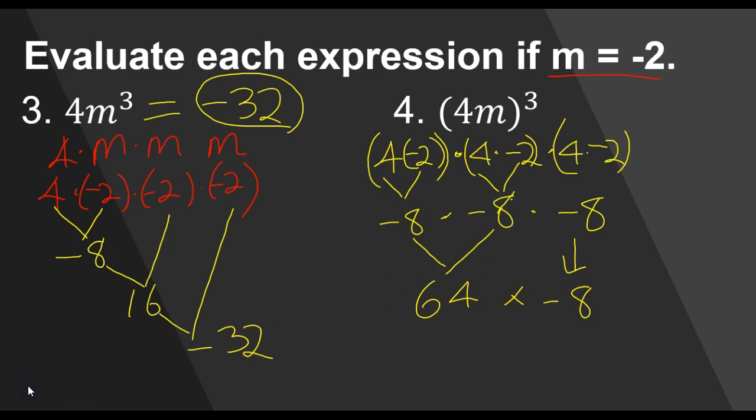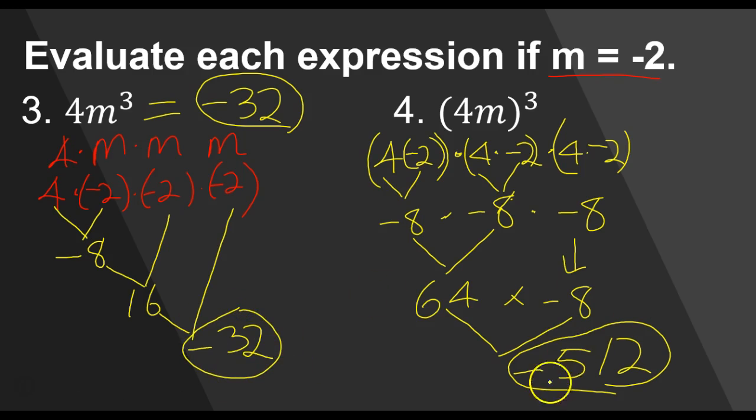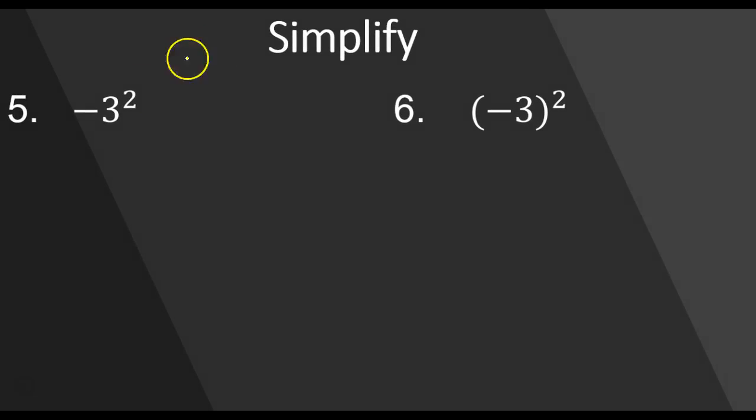So 64 times -8 is -512. See how different that makes? This one was -32 and that's -512. Just because here 4 is cubed with m, but here 4 is not cubed with m. Okay, things you need to watch too.